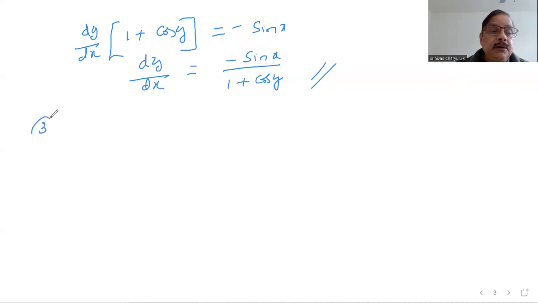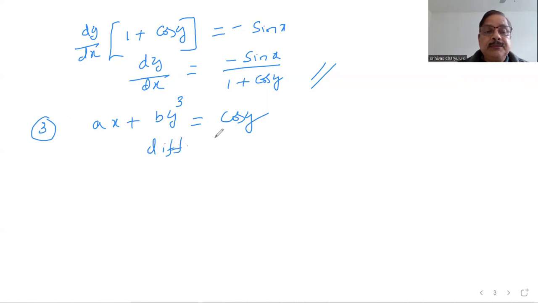Our next sum, the third sum on implicit side: ax plus by cube is equal to cos y. So again, differentiating both sides with respect to x.